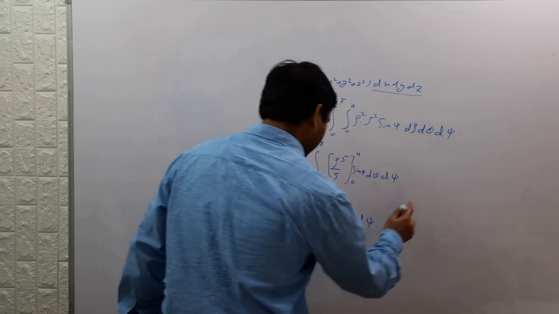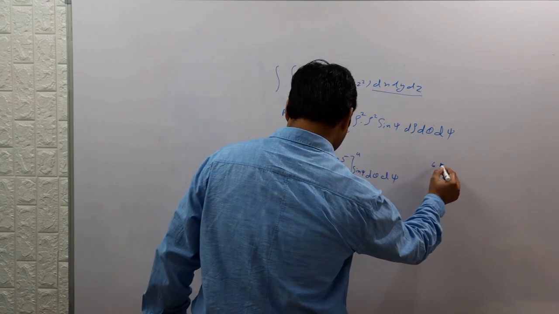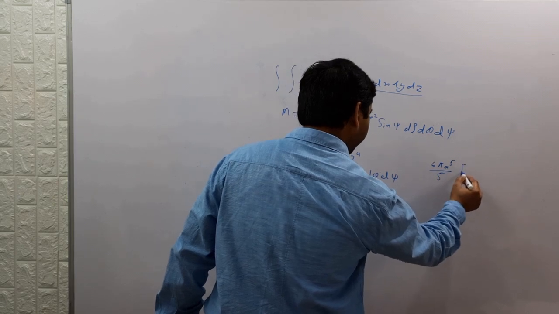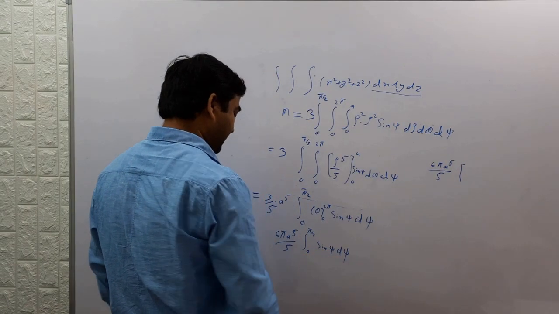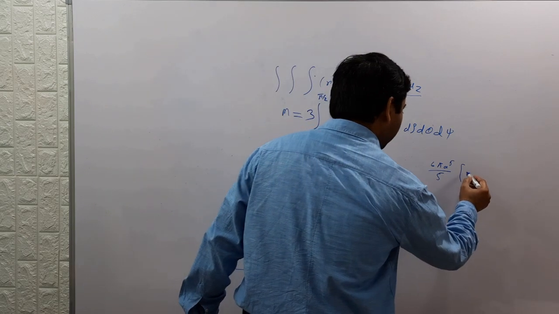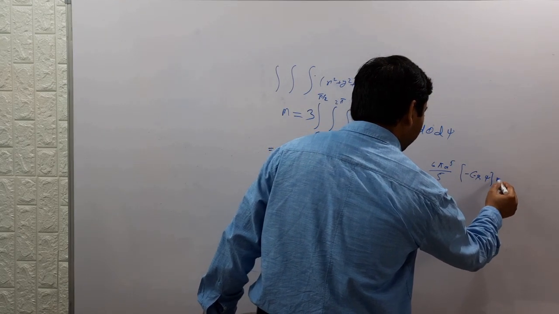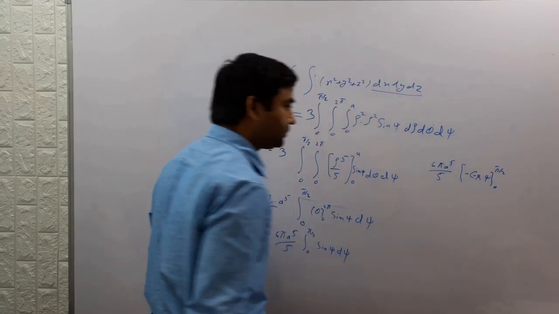So what is this? 6 pi a to power 5 by 5, integral of sin psi is minus cos psi, 0 to pi by 2.